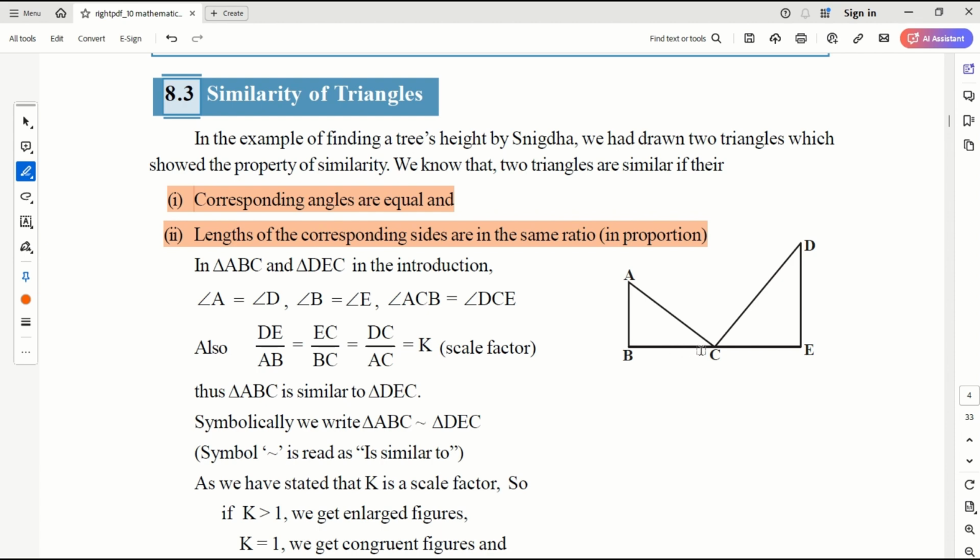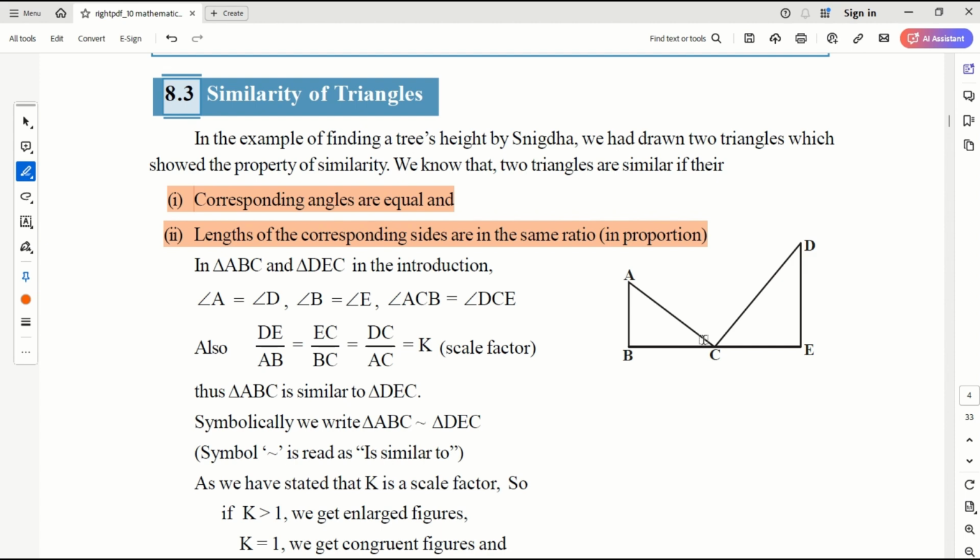Angle ACB and angle DCE are equal, because the incident ray's angle and the reflection angle will be the same, right? With that property, we can clearly tell these two angles are the same.